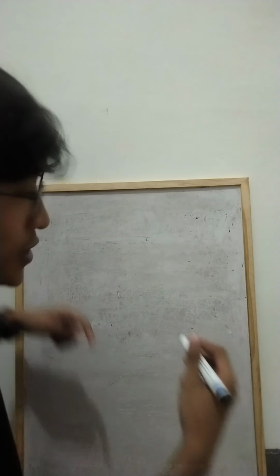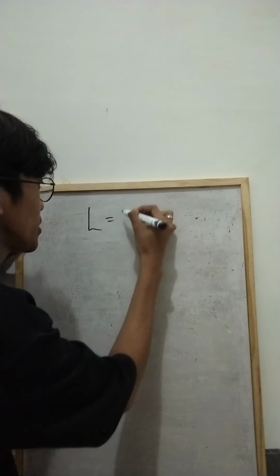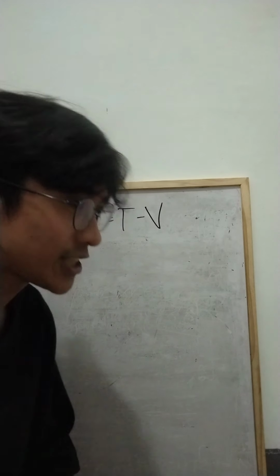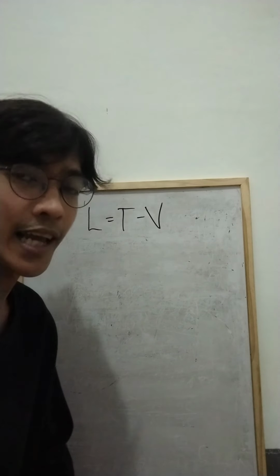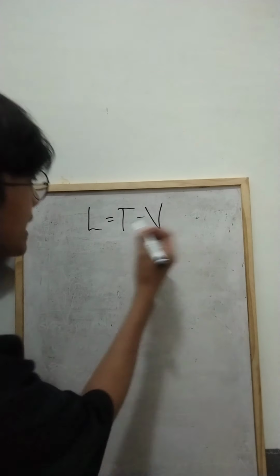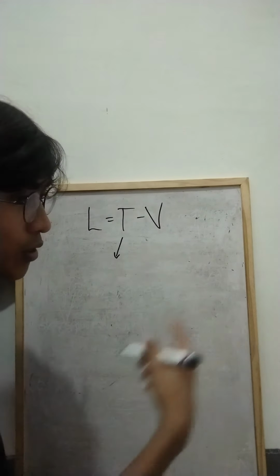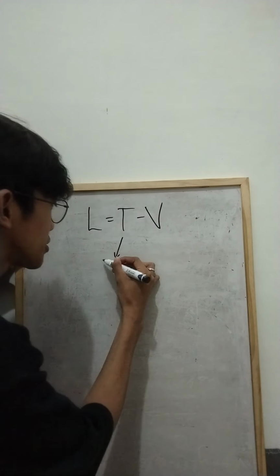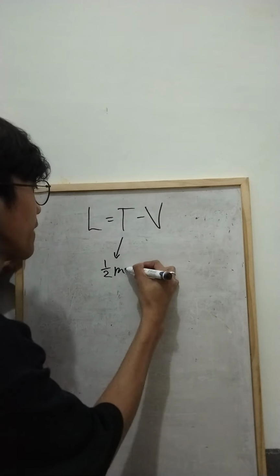Let me show you the Lagrange equation. L is equal to T minus V. Lagrange's equation is just the difference between the kinetic energy and potential energy. The kinetic energy here is T, and we all know that the formula for kinetic energy is 1/2 mv squared.